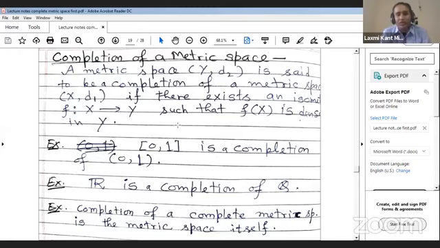Then we will say that Y is the completion of X.